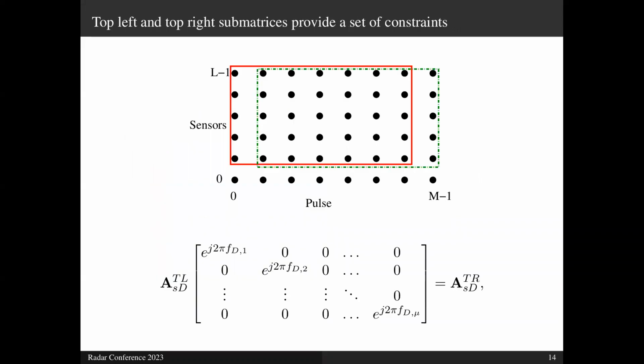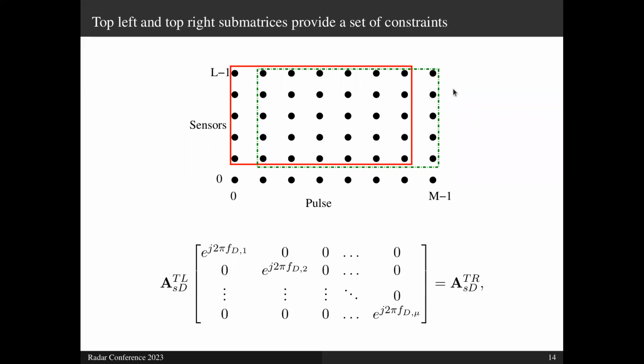So what we're going to do is look at the space-time matrix simultaneously. If we have a space-time snapshot, where we have the sensors along the vertical direction and the pulses along the horizontal direction, we are going to split this matrix into two submatrices: the top left, shown by the red block, and the top right, shown by the green block.